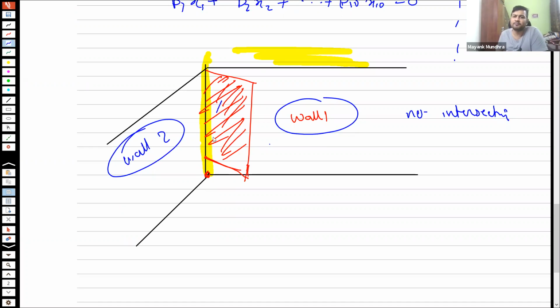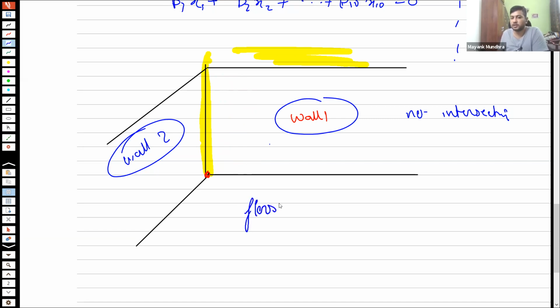And then if you want to imagine the case of a unique intersection, imagine these two walls and the floor. Now the intersection point is this single intersection point.